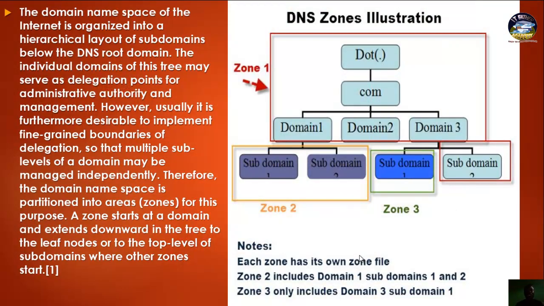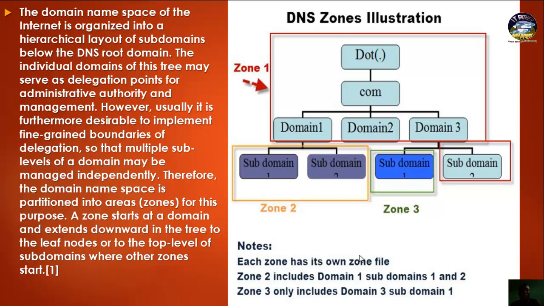So this was the DNS zone illustration. We have dot and we have com. We have domain 1, domain 2, domain 3, and we have subdomain 1 and subdomain 2, and then subdomain 1 and 2 again.